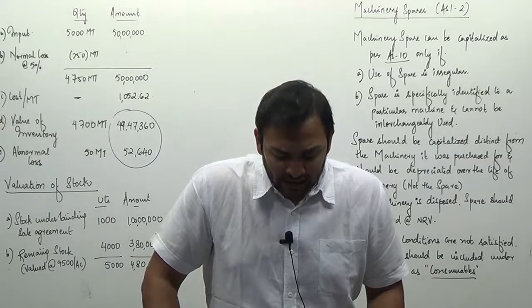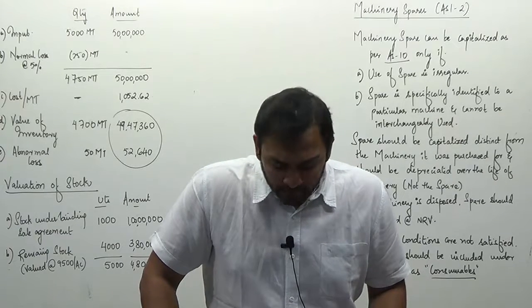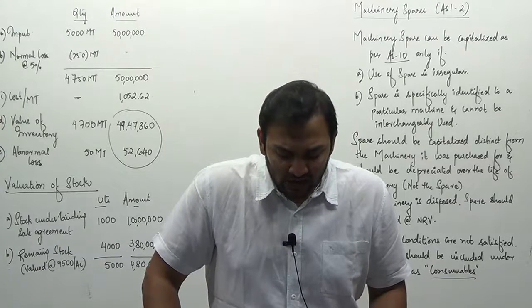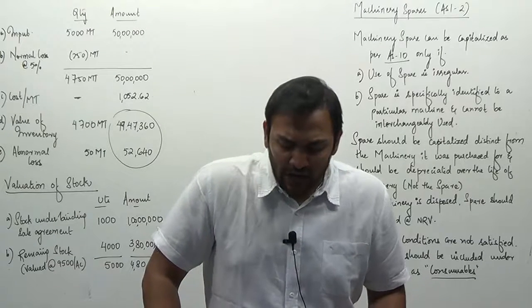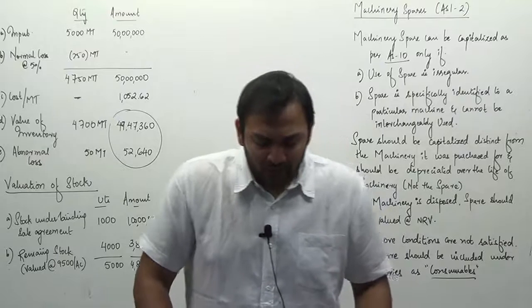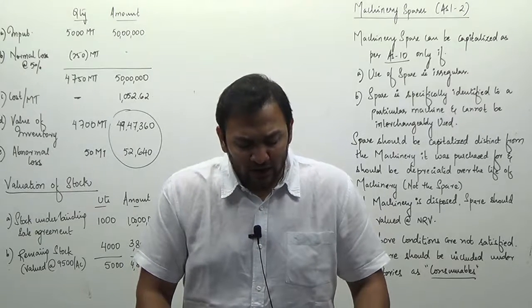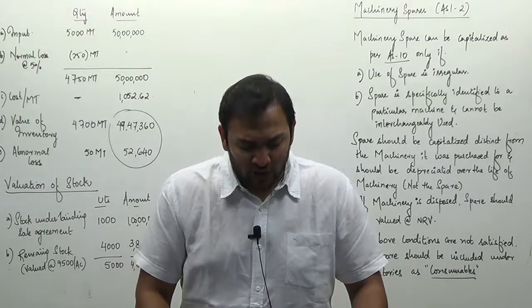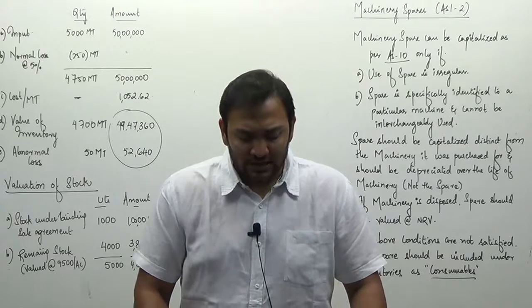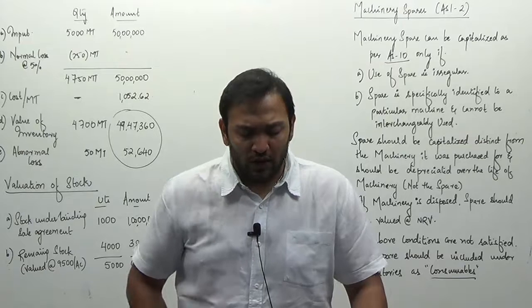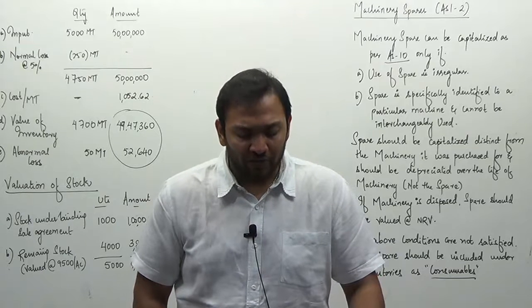In addition, fixed overheads of 75,000 and sales are 2,80,000. Closing stock: raw material is 900 units and finished goods is 1,200 units. So he's asking you to calculate the amount of finished goods.